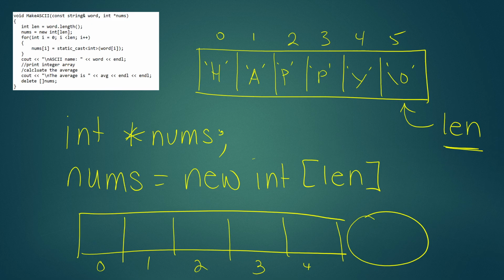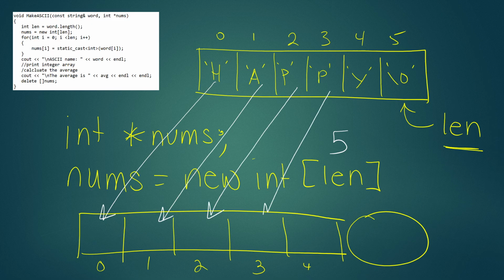So the length is 5, it's not 6. And then we're going to put the ASCII value for the H here, for the A here, for the P here, and for the Y here. And we're going to have to keep a count, but we do have a count because we have an integer called length. So we need to make sure that we know that we have 5 elements in this array.